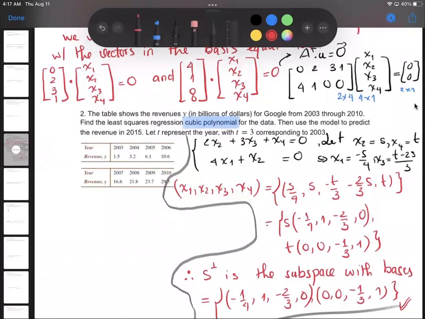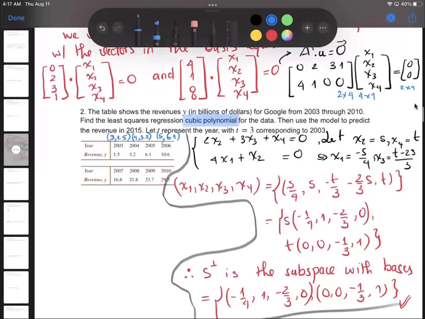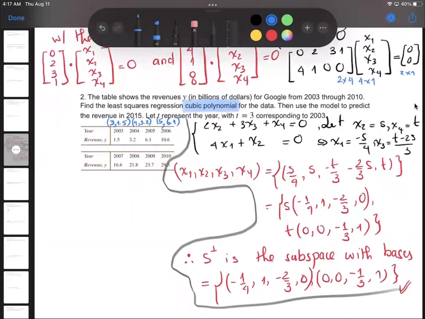So I have a bunch of points here. I got 3 comma 1.5, 4 comma 3.2, 5 comma 6.1, and on and on.